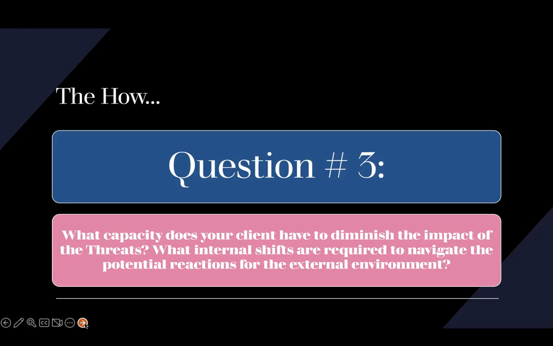So let me put it this way, and I want y'all to jump in the chat on this second part. If I know that I can't change the way people look at me, or I can't influence what they think about me, then what internal shifts might I need to do to navigate the potential reactions for that external environment? Because I have to operate within it.